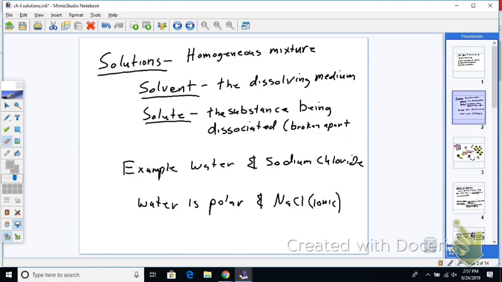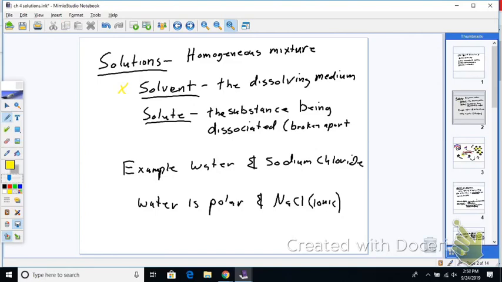So in a solution you have two things. In a solution you have a solvent and a solute. The solvent is the stuff that would be like water. It's pulling away the different parts of the other substance, dissociating it.